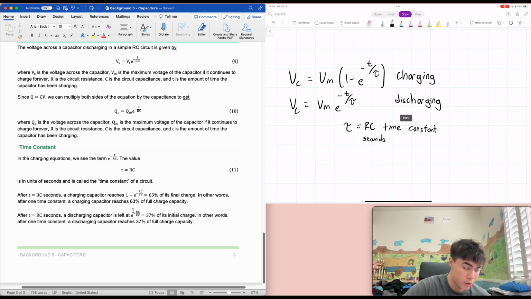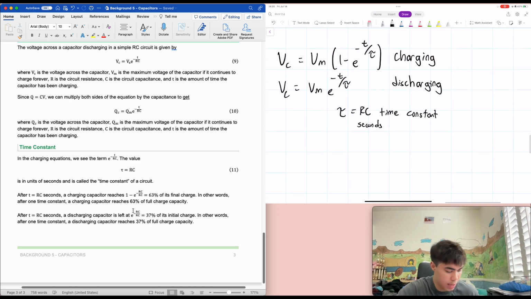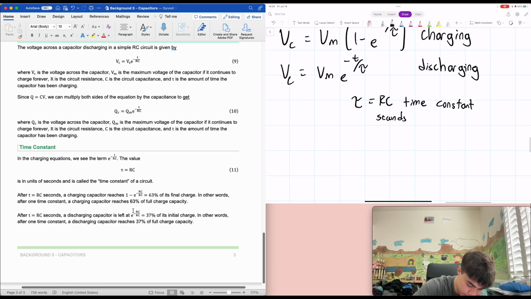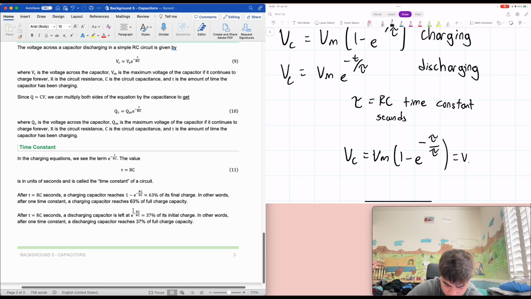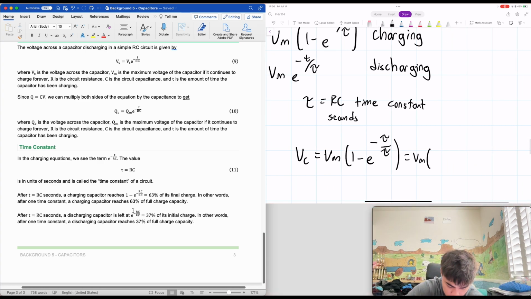But after RC seconds, after one time constant, our voltage across the capacitor is Vm times 1 minus e to the negative tau over tau, which is Vm times 1 minus e to the negative 1.